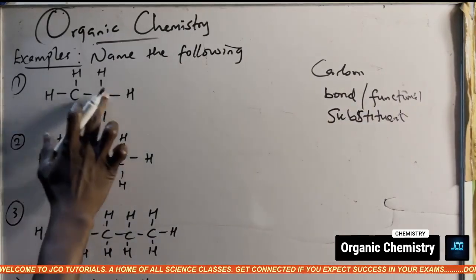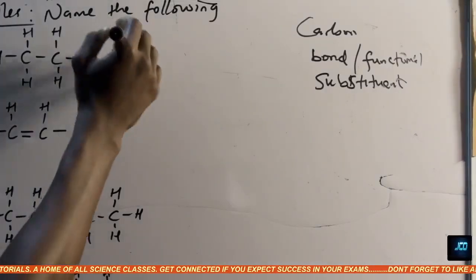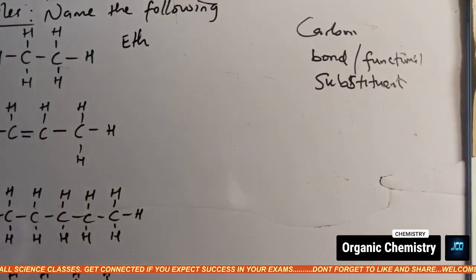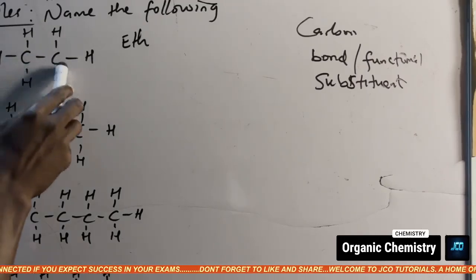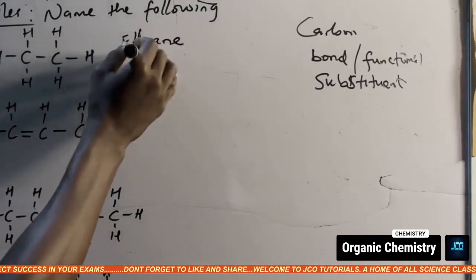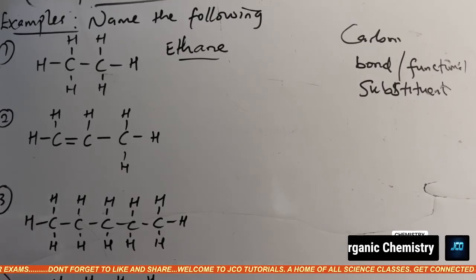So how many carbon do I have? 2. That's all. So 2 from our table is what? Eth. The prefix 2 means eth. And then you check the bond. They are all single. Since they are all single, it is alkane. So you attach ANE. Very, very simple and clear.